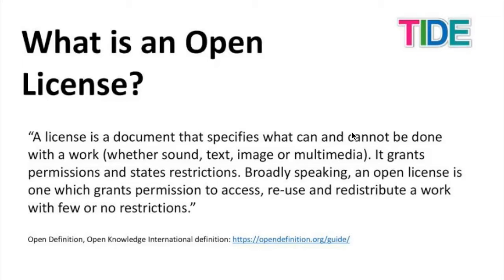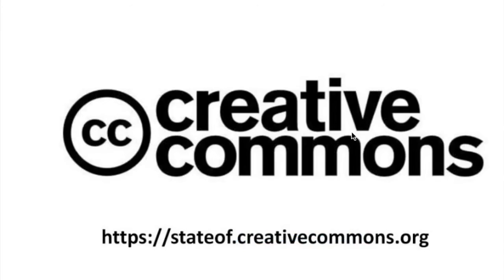So, for example, for software, you might see MIT, GNU General Public or Apache licenses. So there are a number of different types of open license. But today we're going to talk about Creative Commons licensing. And you'll probably be familiar with these from the May workshops.